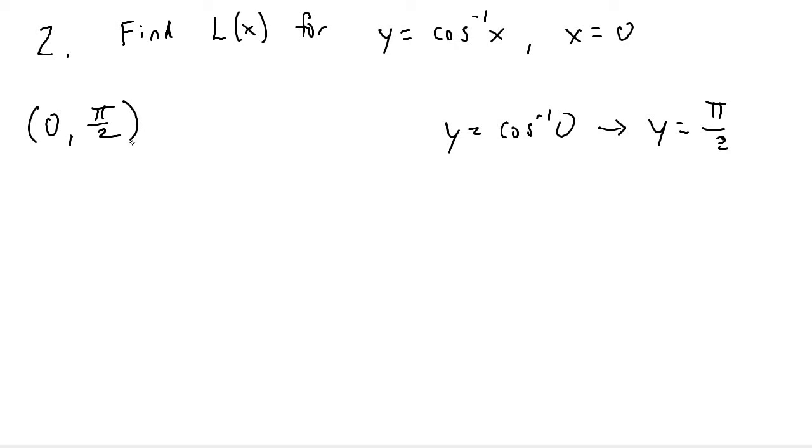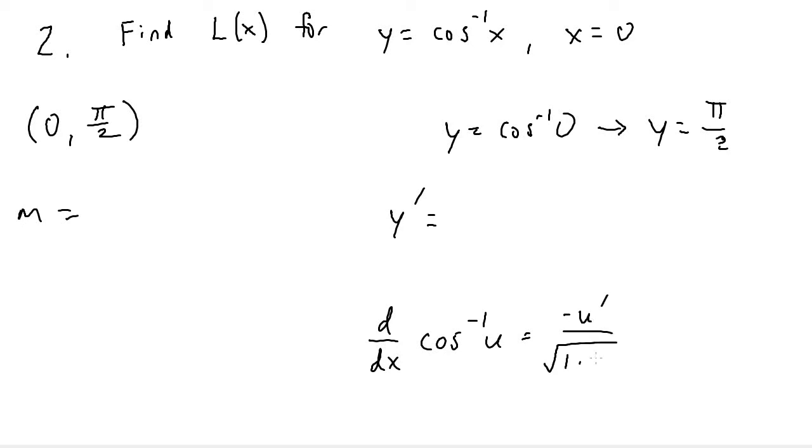And now in order to find the slope, we just need to differentiate y. So we get y prime, and the derivative of inverse cosine of u, remember, is going to be equal to negative u prime over the square root of 1 minus u squared. So if my u is x, then the derivative of x is 1, so negative 1 over the square root of 1 minus u squared, so that would be x squared.